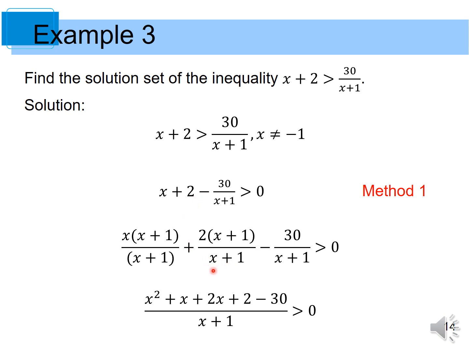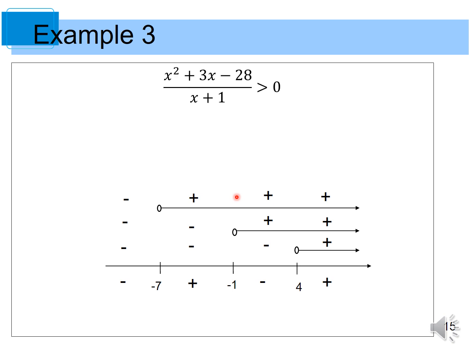These three fractions have the same denominator, so we can group them and become one fraction. And from the numerator, we can simplify. And we have x squared plus 3x minus 28, and we factorize.